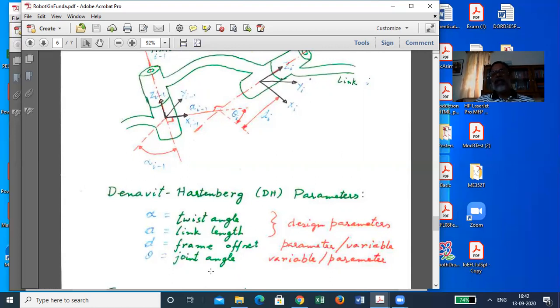The final configuration turns out to be the same. And therefore, the same thing happens in the matrix multiplications also. So, in such circumstance, matrix multiplication is commutative. So, whether these two motions, rotation about x-axis through this twist angle and translation along the same x-axis through this link length, you give in this order or that order, it doesn't matter.